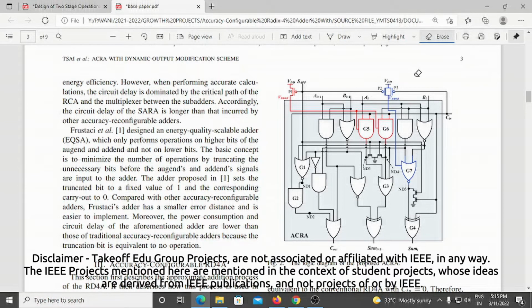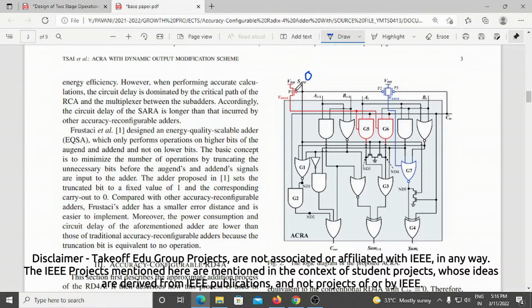In this, the operation depends upon the SKP input, which switches between the accurate results and the approximate results. Suppose here SKP is equal to 0. What happens here is we have to see whether these transistors are in the on condition or in the off condition.